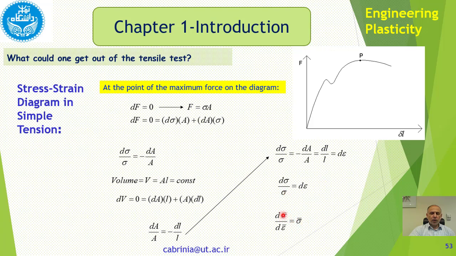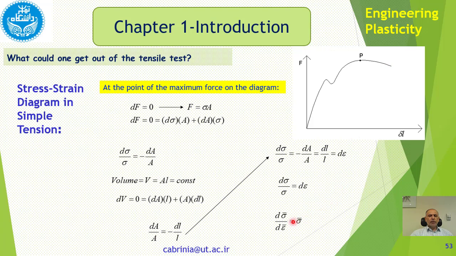Right, what is this bar we have put here? This bar means, because when we have a tensile test, sigma bar is equal to sigma 1. But when we have other kinds of loadings, in which we have sigma 1 plus sigma 2 plus sigma 3, still this behavior holds.